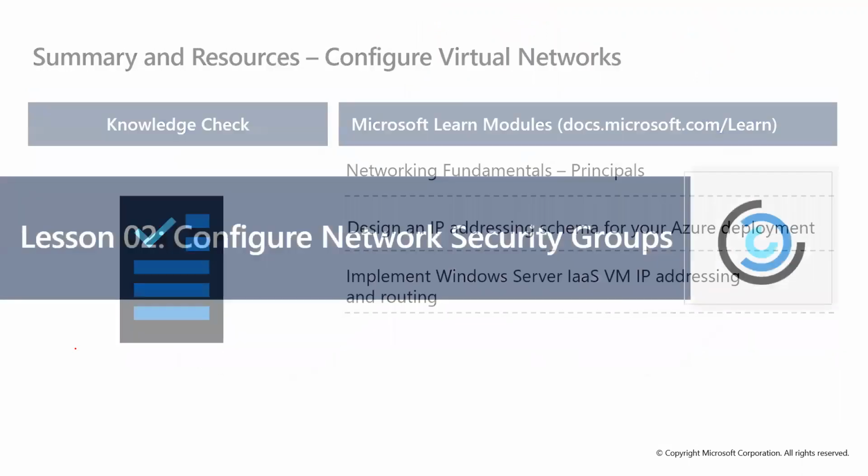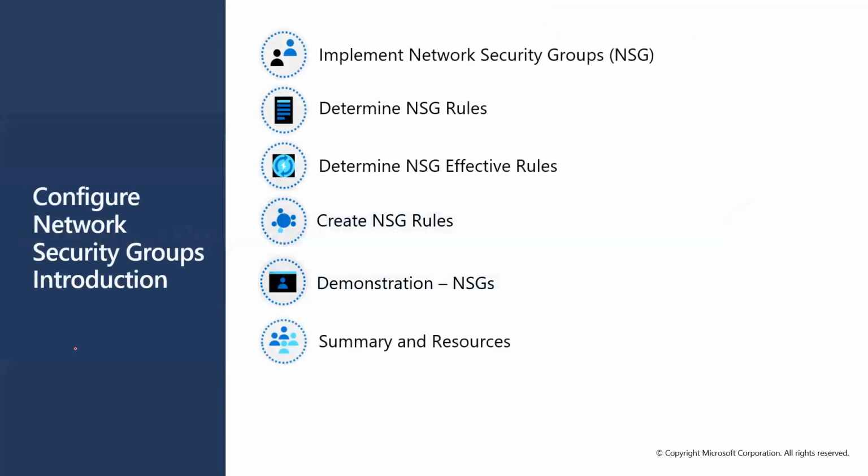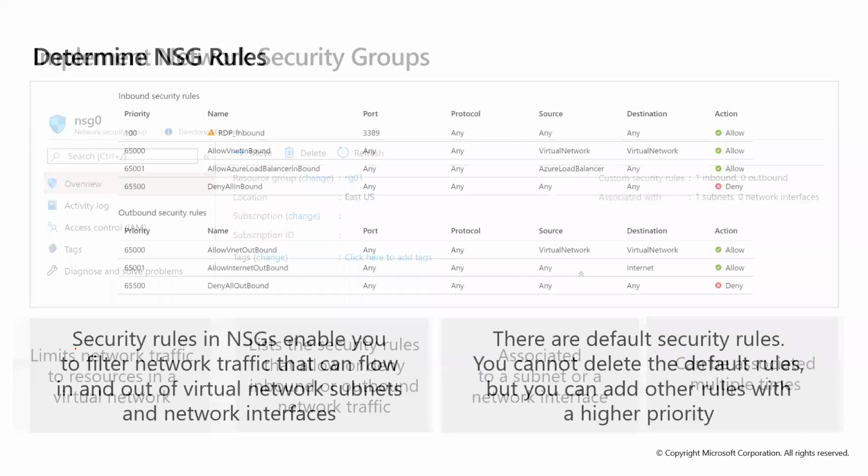Right. So if that is clear, the next topic we have to discuss is network security groups. This will help you configure rules which define which traffic is allowed into the network and which traffic is denied, both for incoming and outgoing. That is your next topic, network security group.